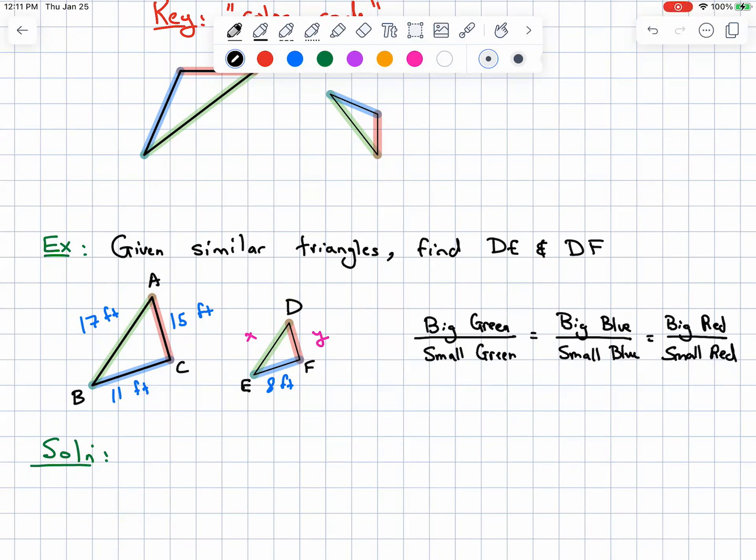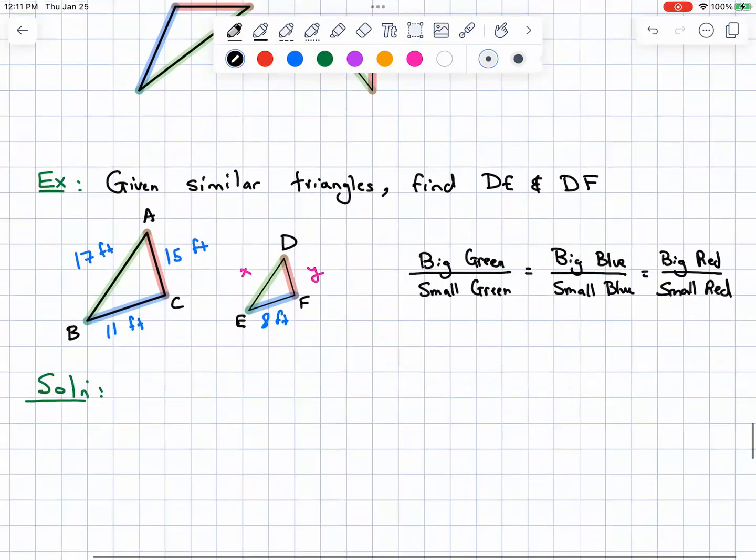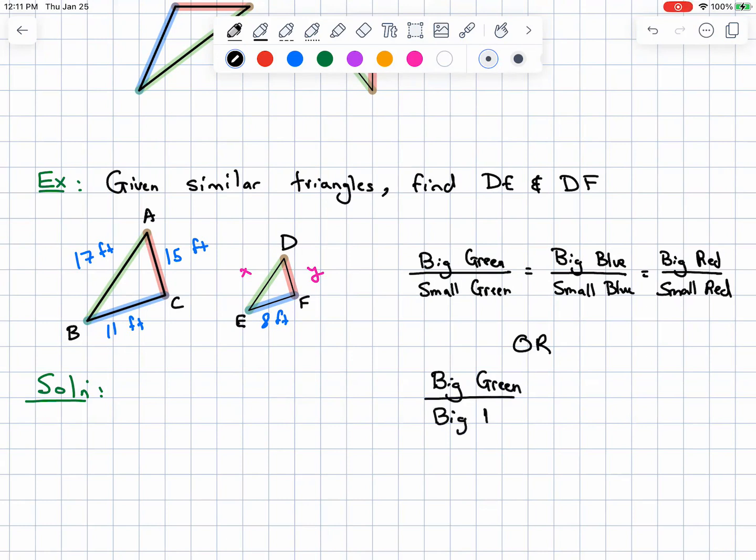So it has to be big over small equals big over small, or you can do it by color. Or you could do something like big green over big blue equals small green over small blue.